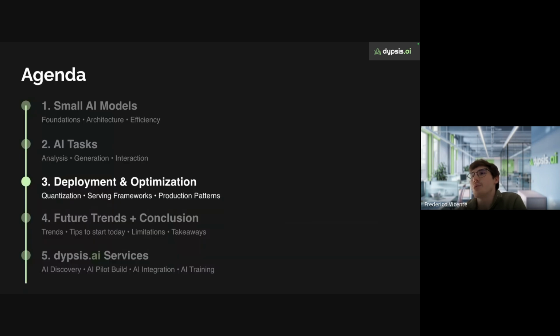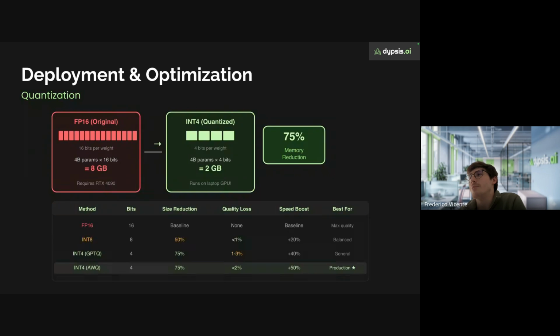And this brings us to the topic of what optimizations are normally done in these fields, and deployment strategies. It's quite common for these models to be quantized. So what is this exactly? Some years ago, models were normally trained with floating points of 32 bits per parameter, or even 64.